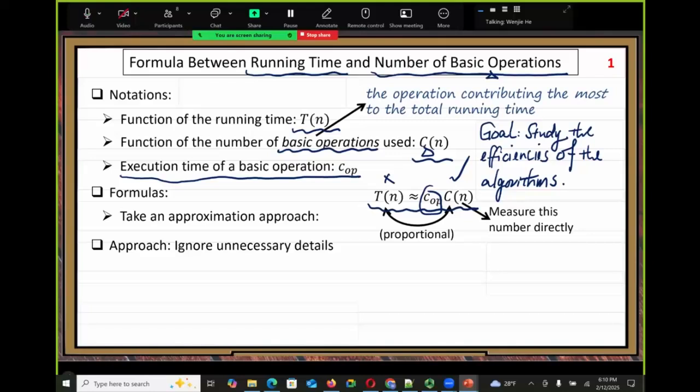So here, let me go one more step further to make our goal more specific.